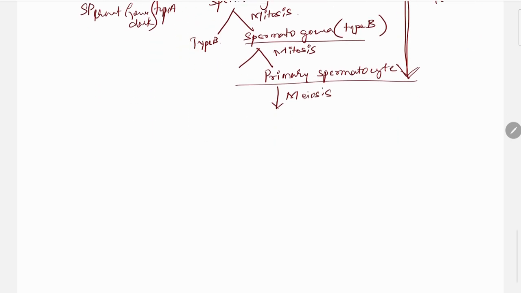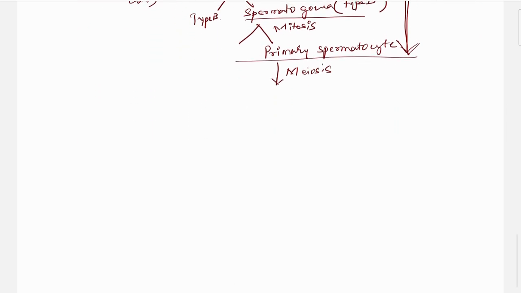After this, it is about the second step, the meiosis process. Let us see what is going to happen in meiosis. You already know that meiotic division has two types, first meiosis and second meiosis. Any cell will undergo meiosis 1 to form the secondary cell.